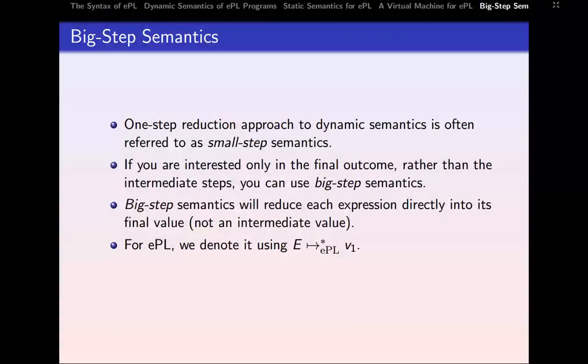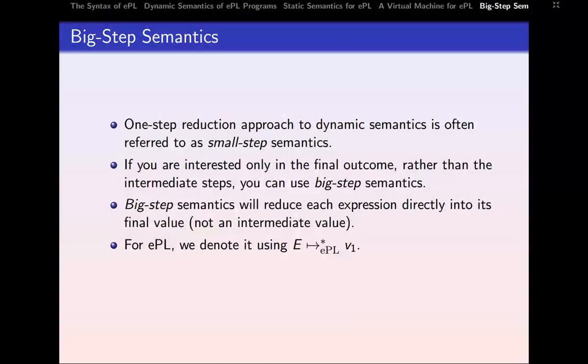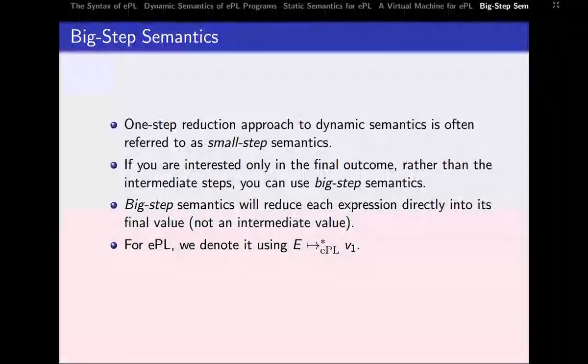However, when we discussed the model for executing EVML programs, virtual machine programs, we defined that in a step-by-step transition. We're saying from program counter 0, we move to program counter 1, and then to program counter 2. So this is what we typically call small step semantics.